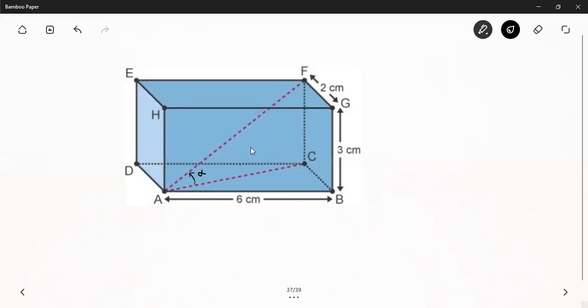This is a right triangle with the lengths 3 and 6. And ACF also is a right triangle with the angle 90 degrees here.